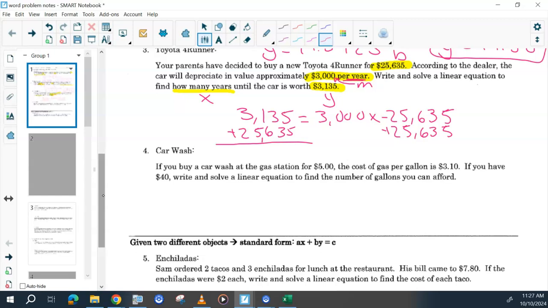I got 28,770. And then divide both sides by 3,000. That gives 9.59. Is that the rest of it, or are there more?